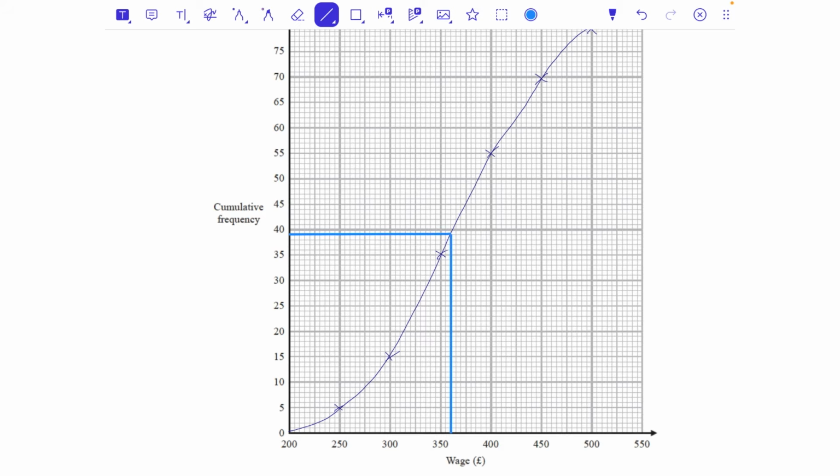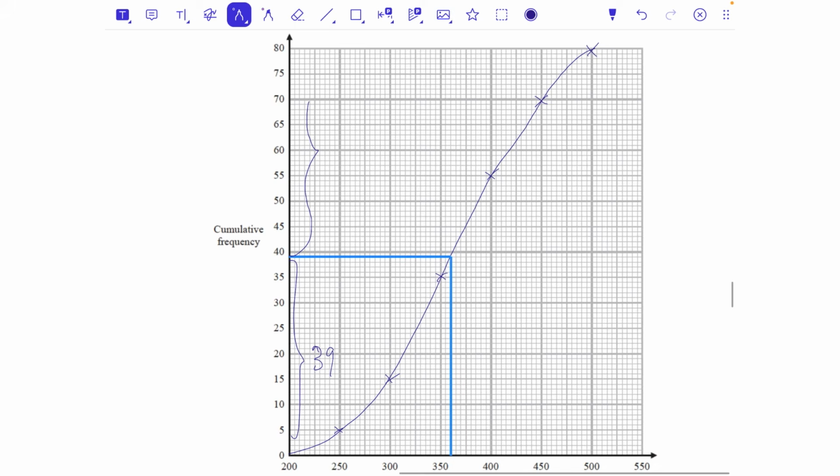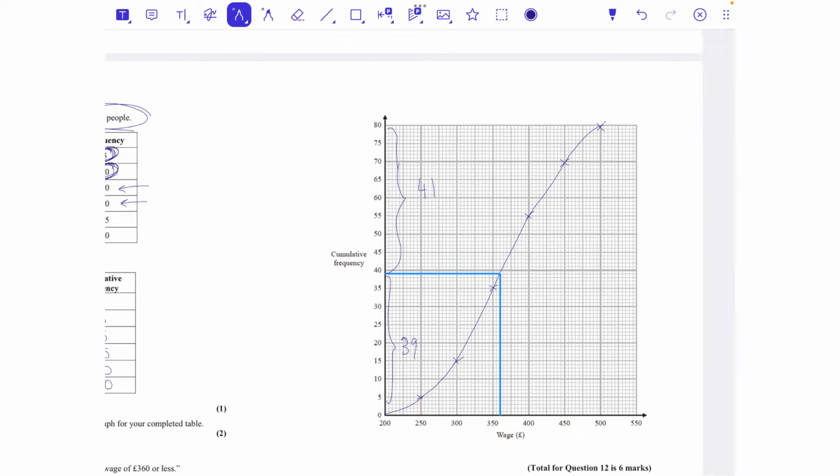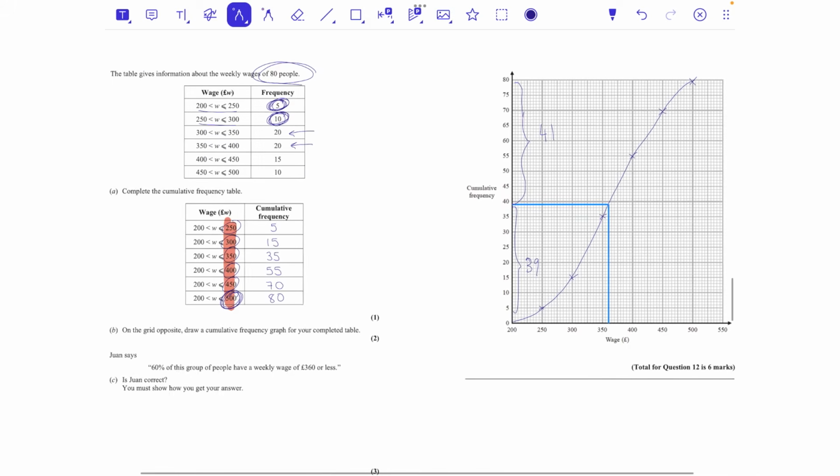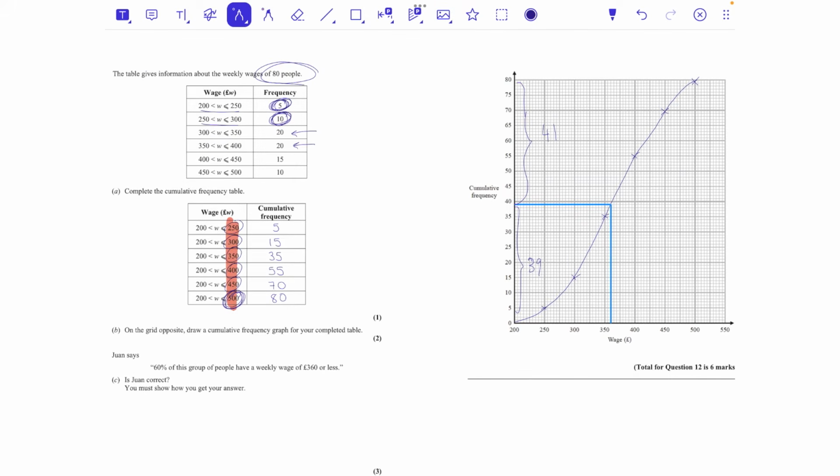So I now know that 39 of these people earn less than that. And the rest of those people, so 41, because we know that there were 80 people altogether, 41 people earn more. Okay, so the question said 60% of this people have a weekly wage of 360 or less. Now, we've worked out 39 people earn 360 or less.